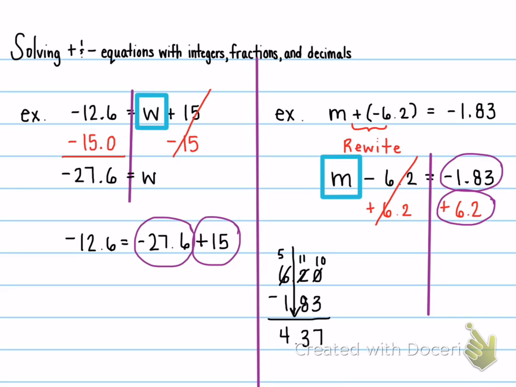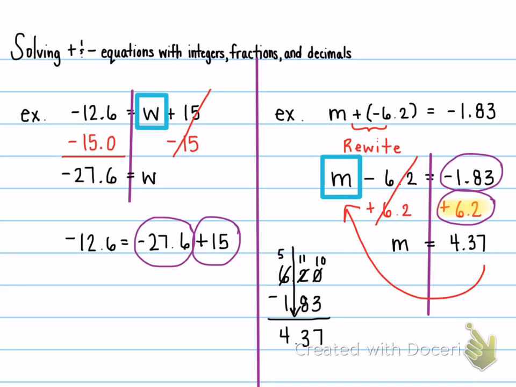So, as you can see, I get m equals 4 and 37/100. And now I have to remember to go back and decide if it's going to be positive or negative. Since my positive number is bigger, then I have more positives than negatives, so my answer will be positive.